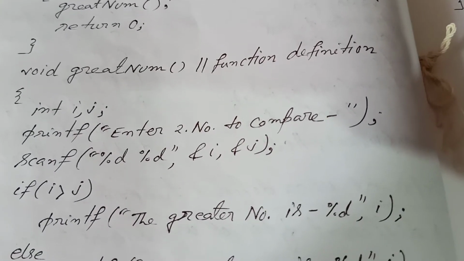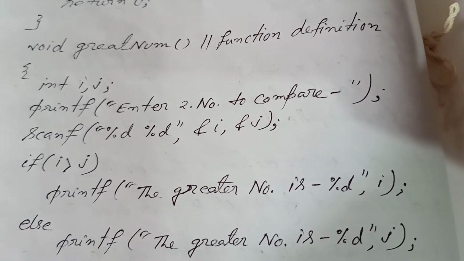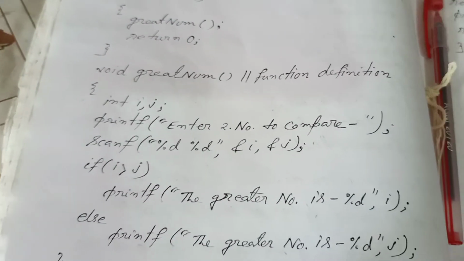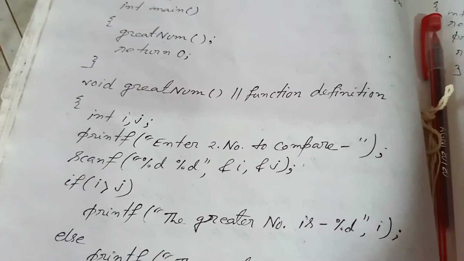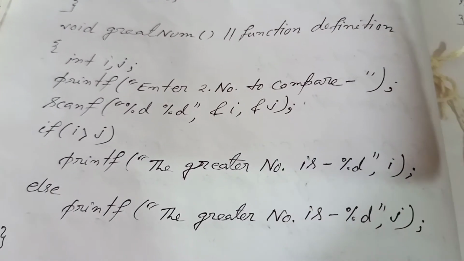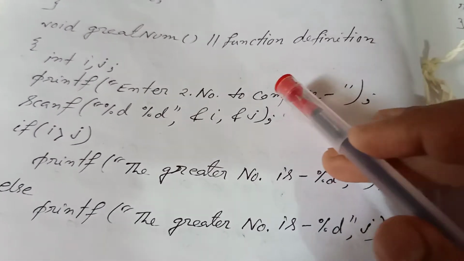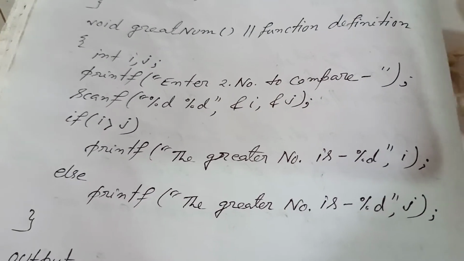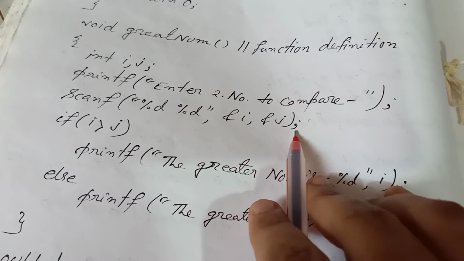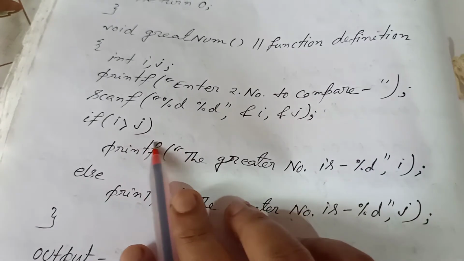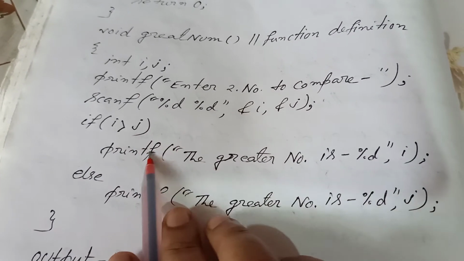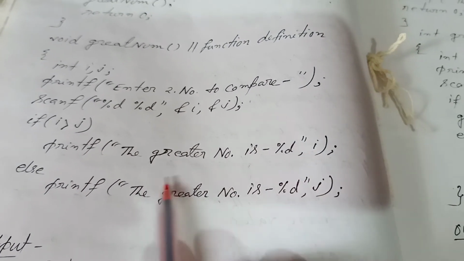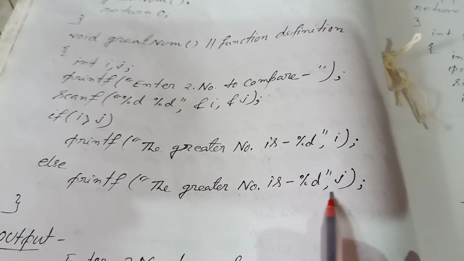Within printf, enter two numbers to compare, and using scanf we are taking the inputs, %d %d, ampersand i, ampersand j. Then we do the comparison: if i is greater than j, printf the greater number is i, else the greater number is j.